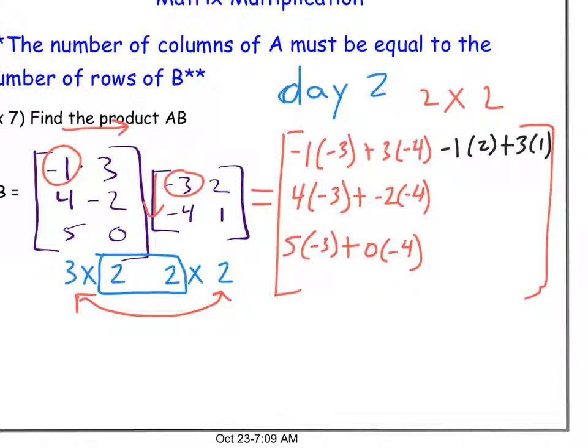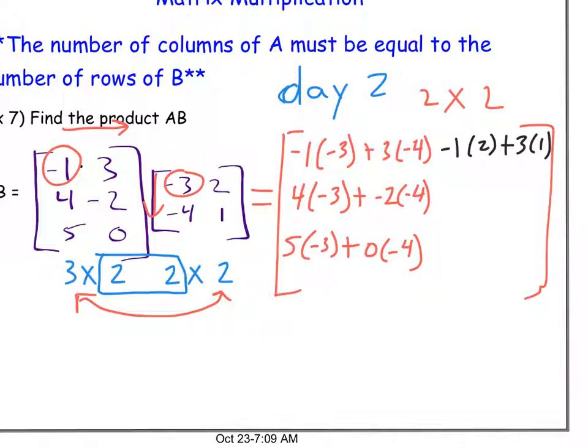Now I put these in different colors because I put these two columns a little too close together. That's not all one big expression. That first row, what's in red, I would number crunch, and that gives me my entry in row 1, column 1. And what I have in black would be row 1, column 2.